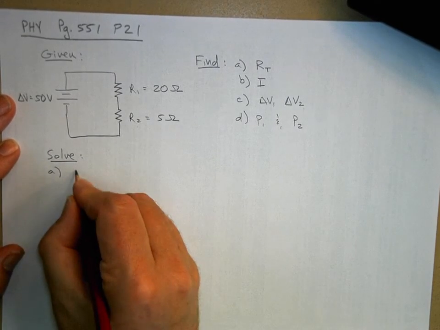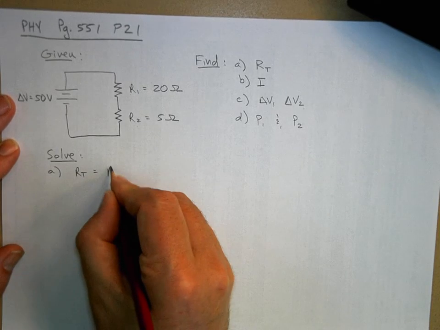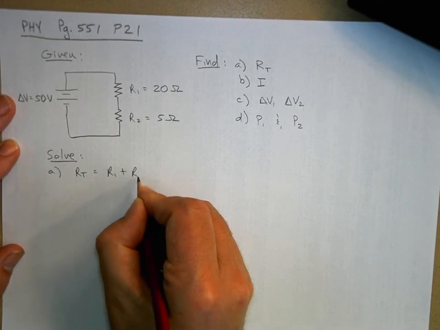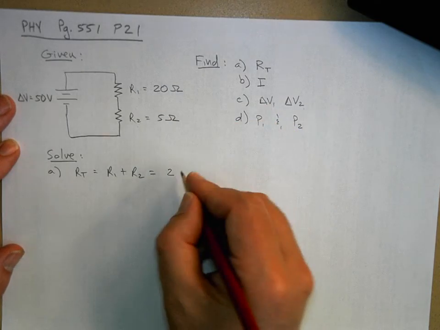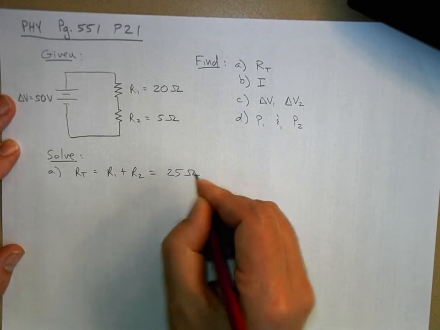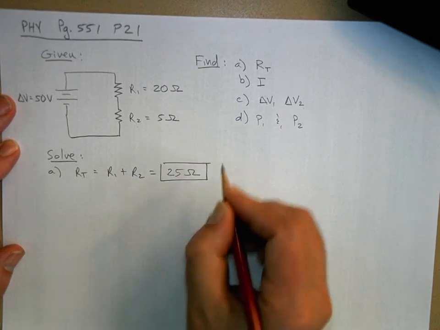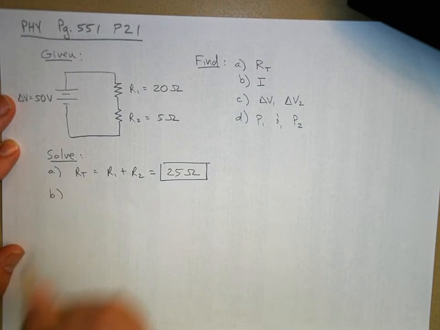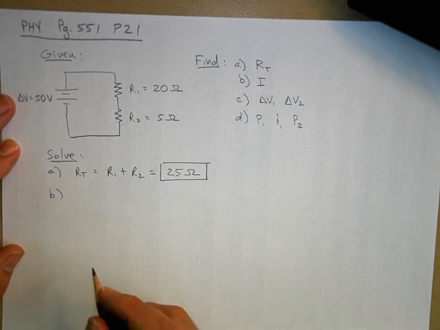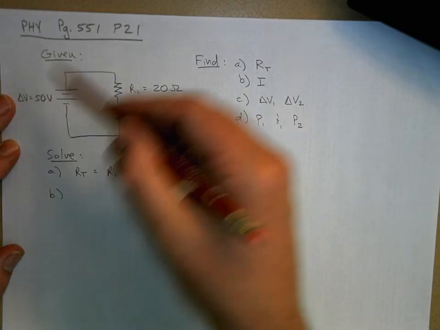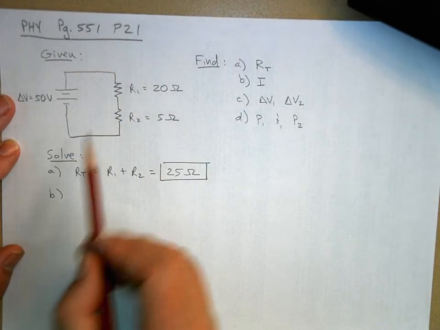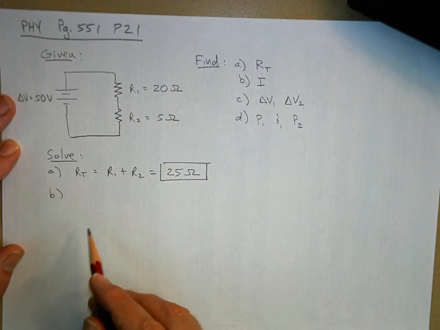So for A, the total resistance is just R1 plus R2. That's going to be equal to 20 plus 5, which is 25 ohms. And part B, what is the current in the circuit? The current's the same everywhere. There's only one loop in the circuit, so the current's going to be the same.